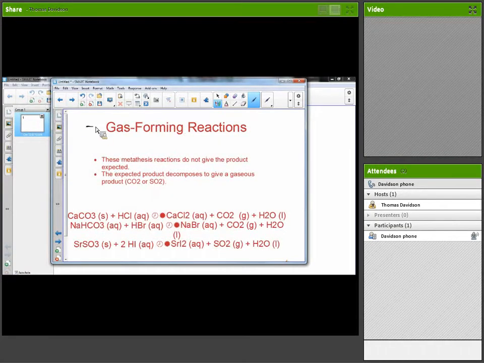Speaking of your belly, gas-forming reactions. I'm going to put a star here. AP test loves these.